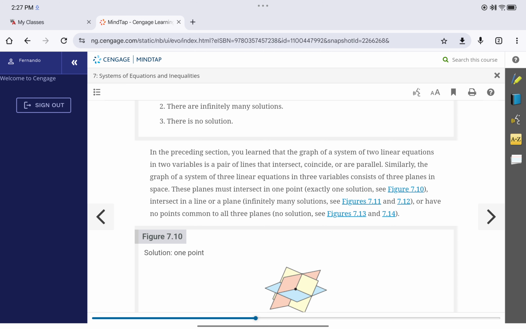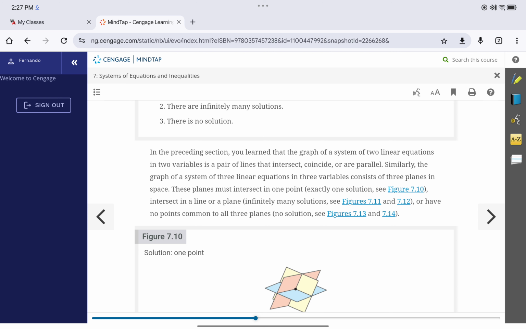So no longer a line, it's going to be a plane. So again, I'm not a very good artist, so a plane, something like that. Okay. So then every equation is going to be a plane. So we're looking at three planes at the same time.